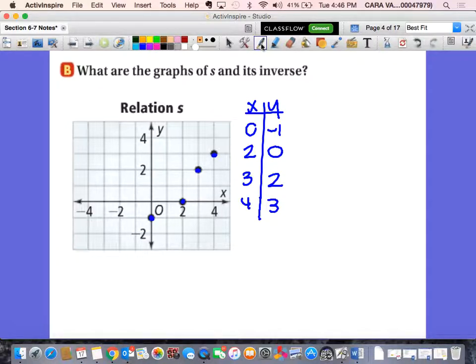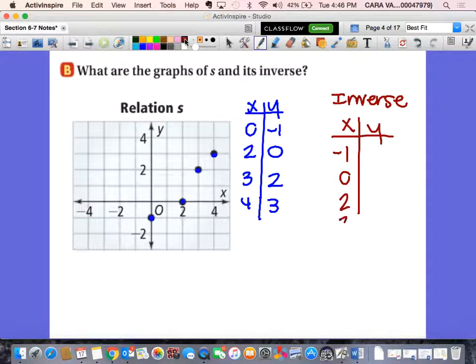Now the reason I do this is to relate it back to what we just did. If you want to find the inverse, all you have to do is switch the x and the y coordinates. And I'm going to plot those points.